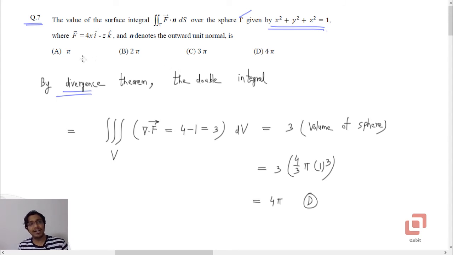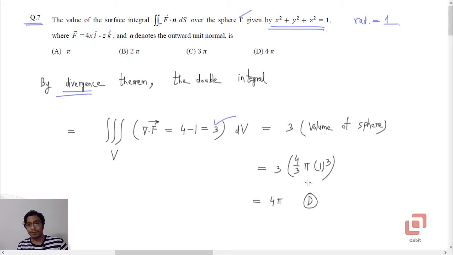Okay, so what is the divergence of f? It is going to be 4 plus 0 minus 1. Okay, so 3. Del dot f bar is 3. You know the definition. Now taking 3 outside, it is going to be triple integral of 1 dv, which is essentially volume. So 3 times volume of the sphere whose radius is 1.